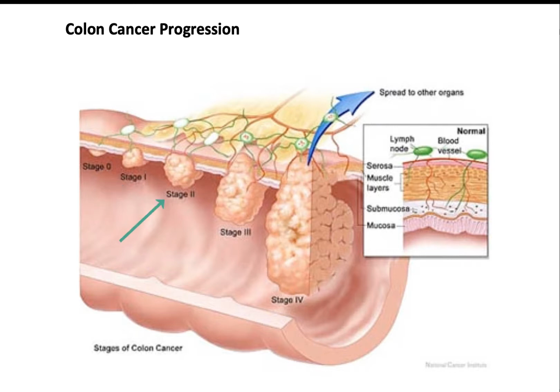Stage 2, they invade further into different layers of, in this case, the colon. Stage 3 is when they've gone all the way through most or all of the layers of the colon, and then some of the cells can be found also in the lymphatic system.